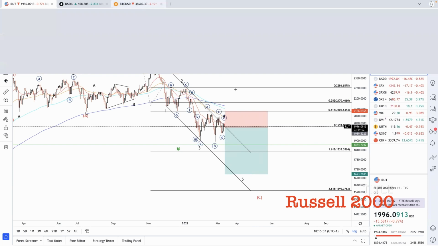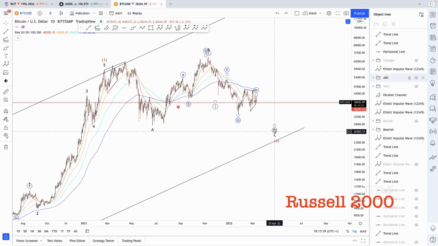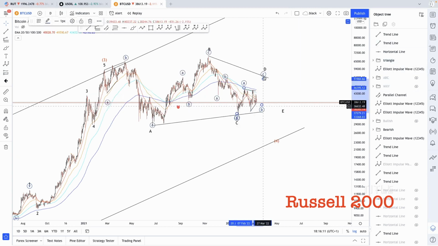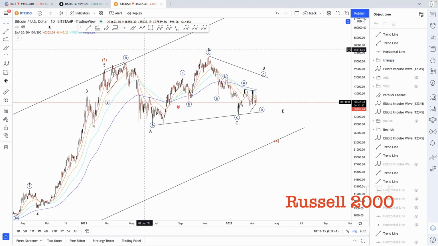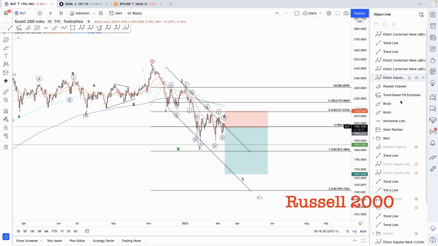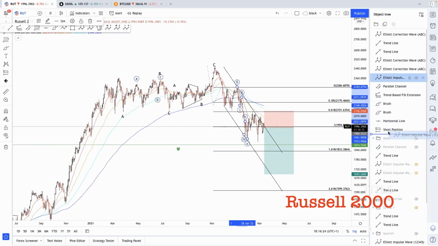This would make sense if we have this count for Bitcoin, so downside from where we are, or else this, which is also still further downside. If we have something more like this, A, B, C for wave D of the triangle, so upside for Bitcoin, then I would switch to the alternate, which I did not label here, which is a bit unfortunate.